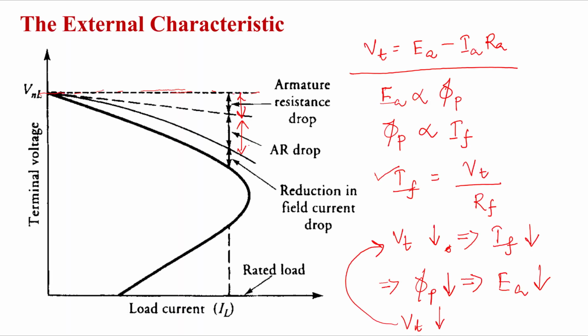When the armature reaction drop happens, it will reduce Vt further, and as Vt reduces, IF will reduce. Again the voltage will suddenly drop to zero at this point. This phenomenon will be stopped only when there is a saturation point in the magnetization curve.